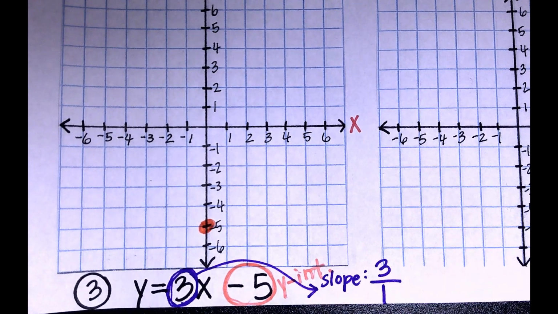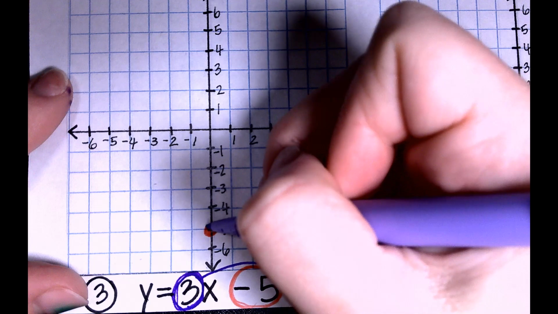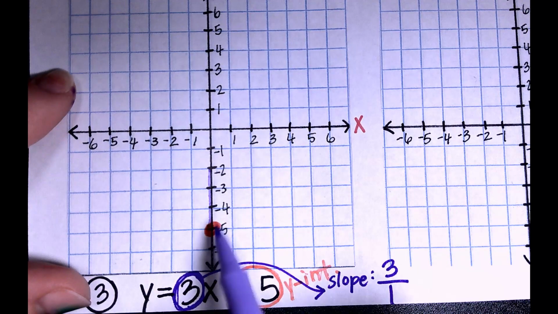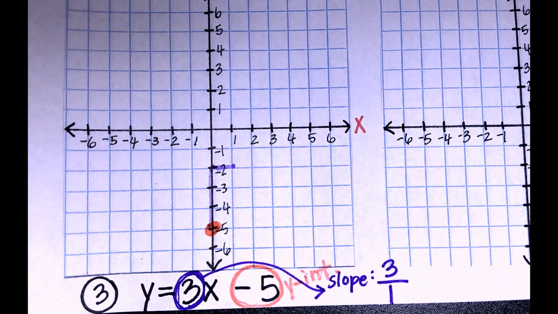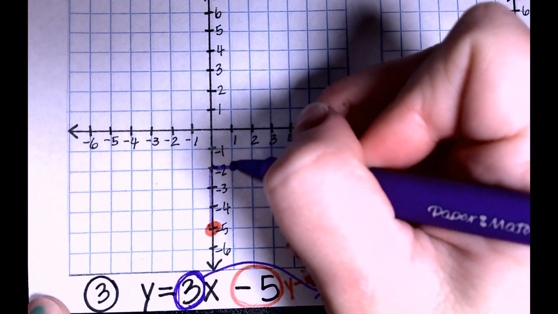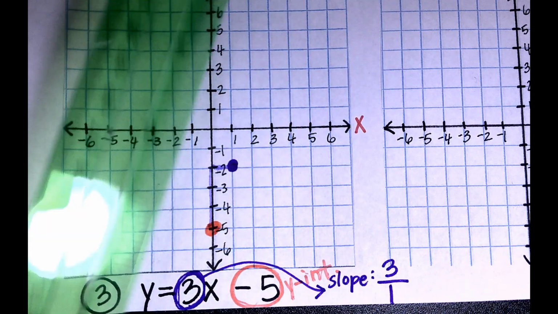Up 3 over 1. Our slope is 3 over 1, so we go up 1, 2, 3, go over 1. And there is our second point. So we have our 2 points. All that's left to do is connect the dots.